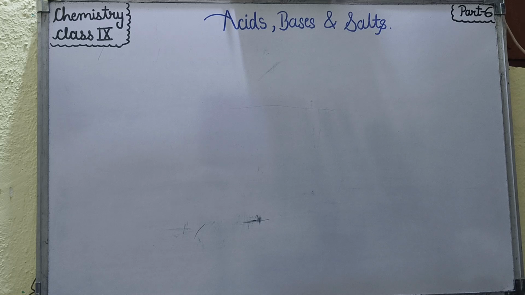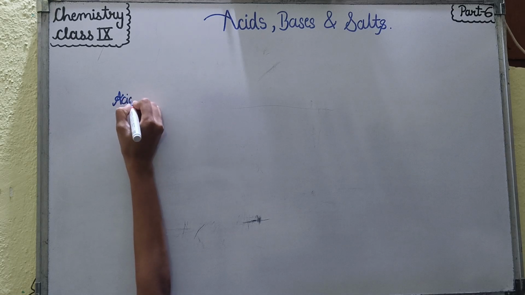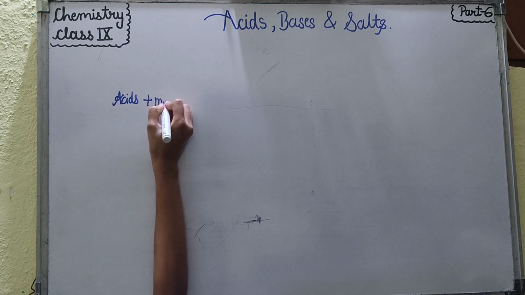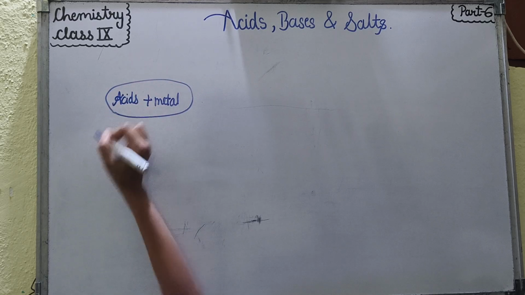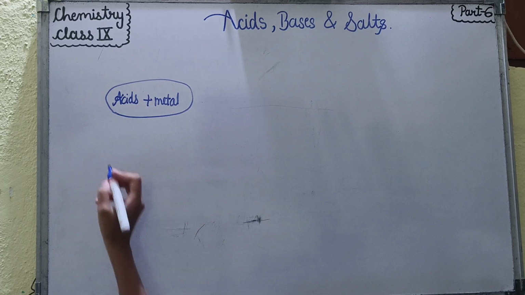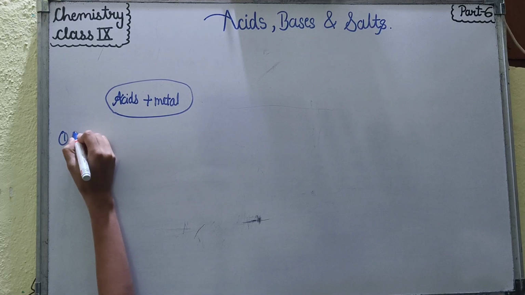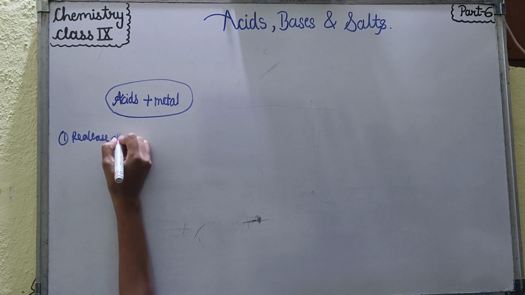The chart which we are going to learn is an illustration of the release of various gases when acids and metals react. Acid plus metal. First, we get release of H2 gas.